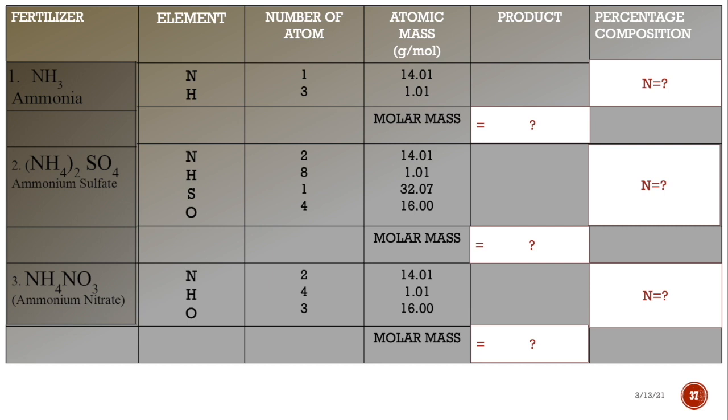Ammonia or NH3, 2. Ammonium sulfate or (NH4)2SO4, 3. Ammonium nitrate or NH4NO3, with their corresponding elements, number of atoms, and atomic mass. You are going to solve for the molar mass and percentage composition of nitrogen in each fertilizer.